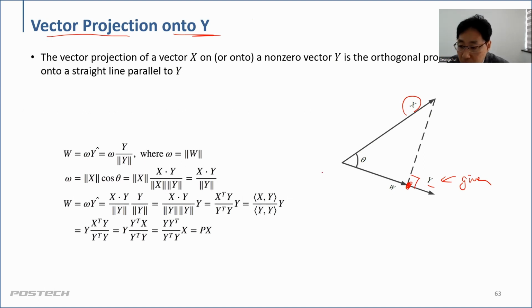So the w vector is what we want to compute. It is in the same direction as y, but y is not normalized, so I will say the scaling is omega.